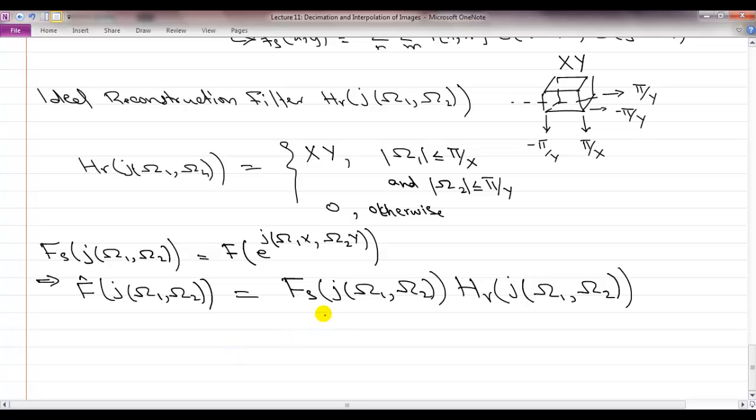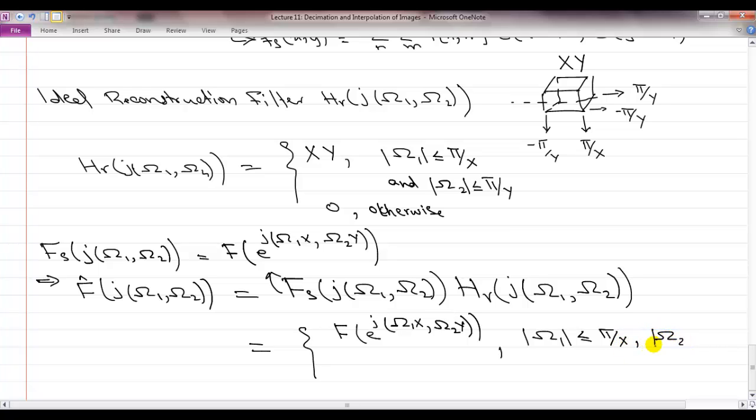Now, under the assumption that I'm dealing with this ideal reconstruction filter, all I get, putting in this value of fs, is e to the j(omega 1 x + omega 2 y), as long as omega 1 is less than or equal to pi by X and omega 2 is less than or equal to pi by Y, and 0 otherwise.